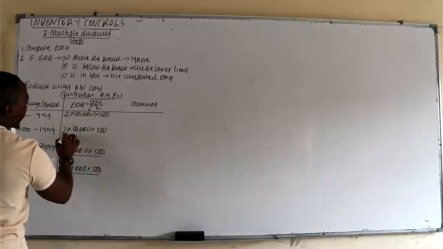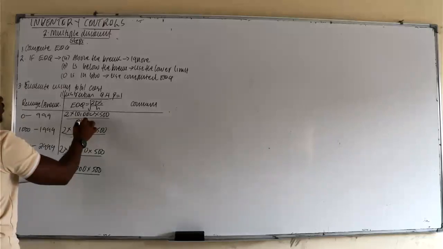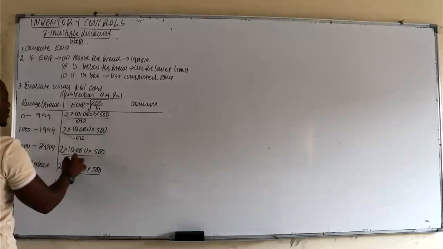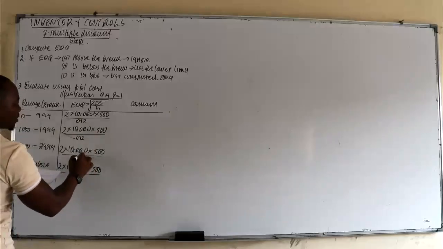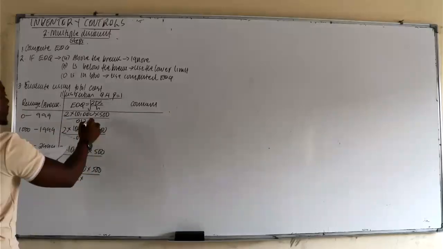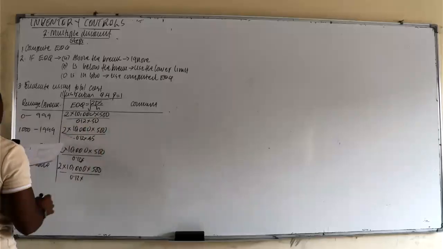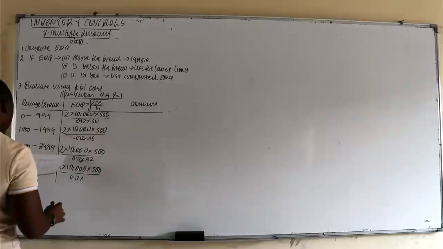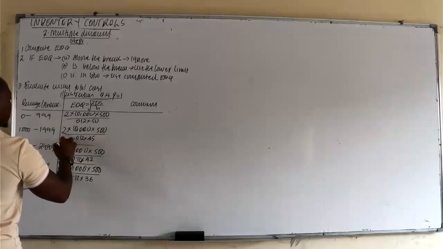All of it, you divide by the holding cost. For the holding cost, we are given the cost of capital, which is 12%, so we take 0.12 of the purchase cost. Between 0 to 999, the price is 50 shillings. The other one is 45 shillings, we have 42 shillings, we have 36 shillings. And then we get the square root.